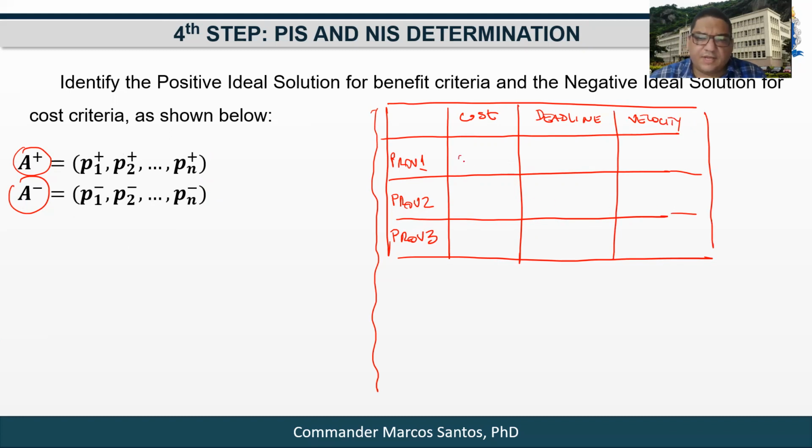And we have 0.27, 0.37, and 0.21. 0.24, 0.096, 0.147. 0.102, 0.128, and 0.116.